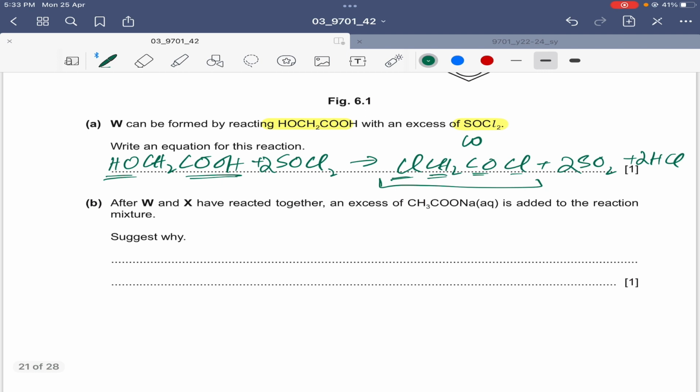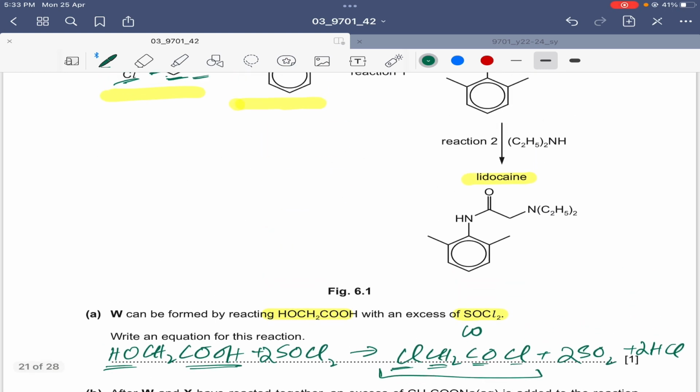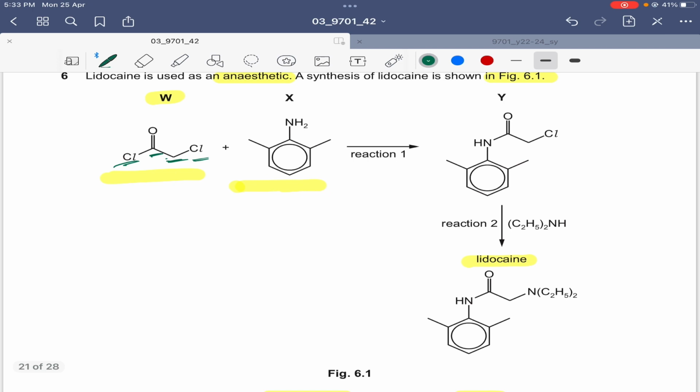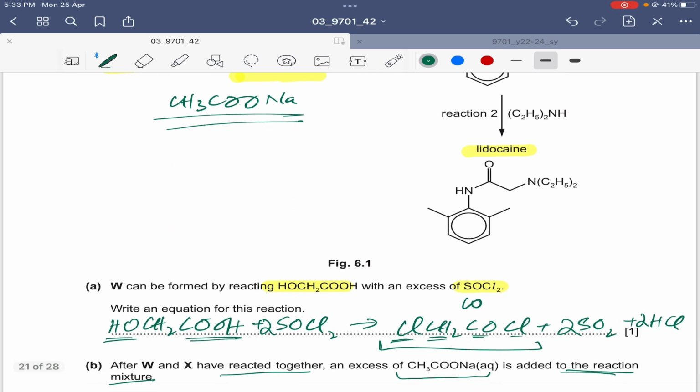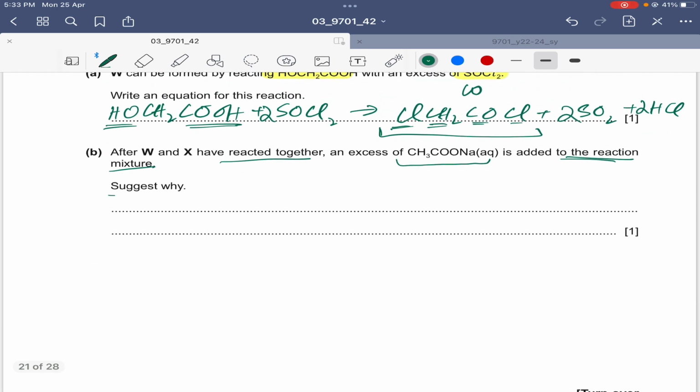Alright, after W and X have reacted together, an excess of sodium ethanoate is added to the reaction mixture. This is W and this is X. So when these two react with each other, after their reaction is finished, we add CH3COONa, sodium ethanoate, to the reaction mixture. Suggest why.